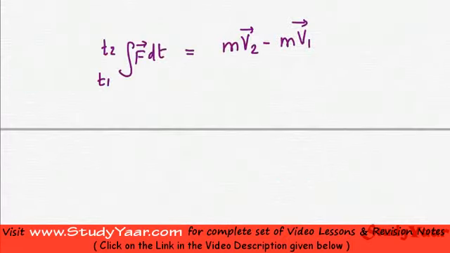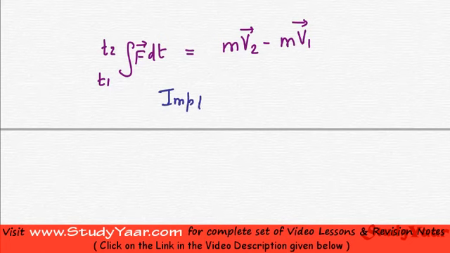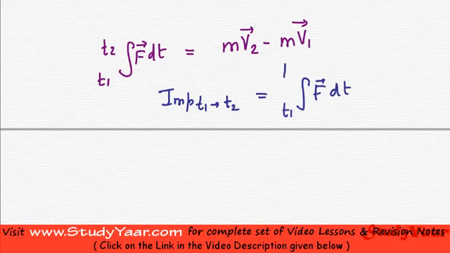Let's call this impulse: my impulse from t1 to t2 is the integral of F dt from t1 to t2. I'm just representing this integral with this symbol.